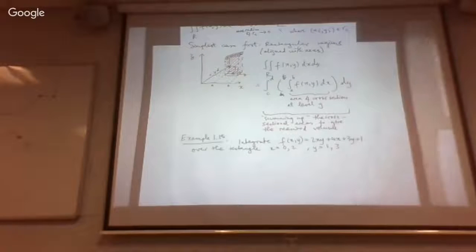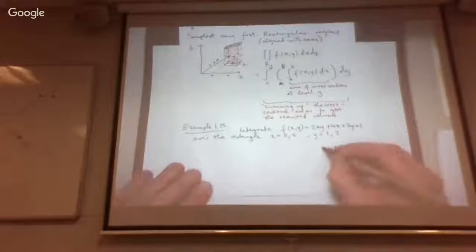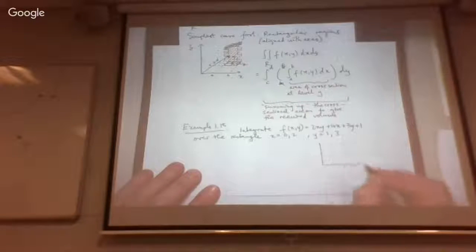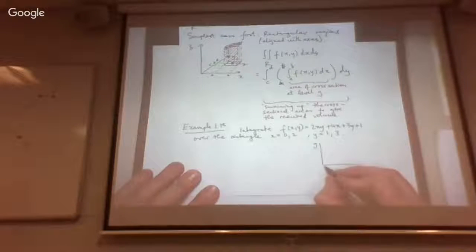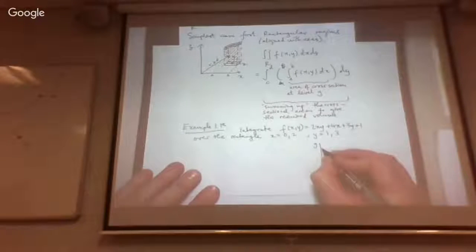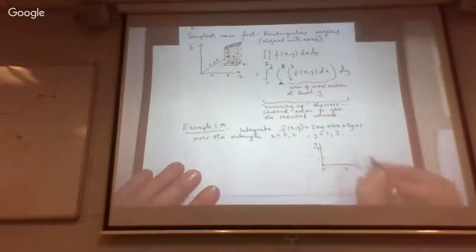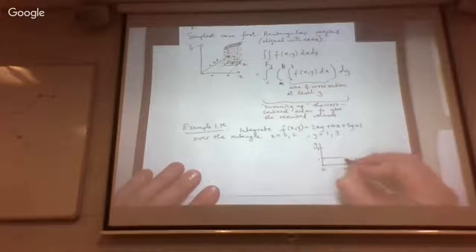Now, when you're doing these, it's a good idea to get a clear picture of where you are. So it's normally a good idea to sketch out the xy plane. I'm going from 0 to 2 along the x-axis and from 1 to 3 along the y-axis. So the rectangle I'm talking about is this one.